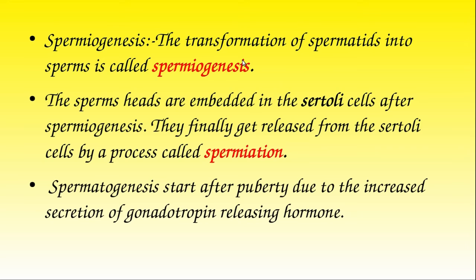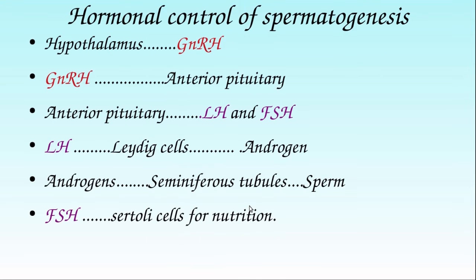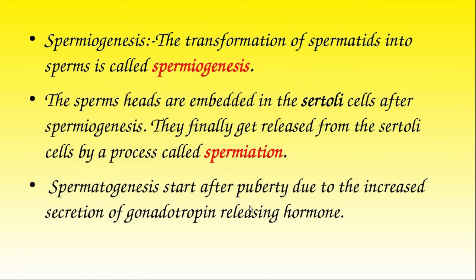Finally, they get released from the Sertoli cells by a process called spermiation. So the process by which the sperm heads get released from the Sertoli cells and they become independent is what is called spermiation.